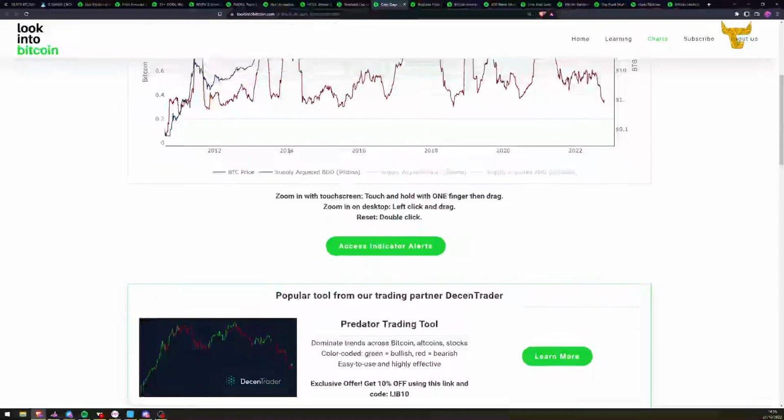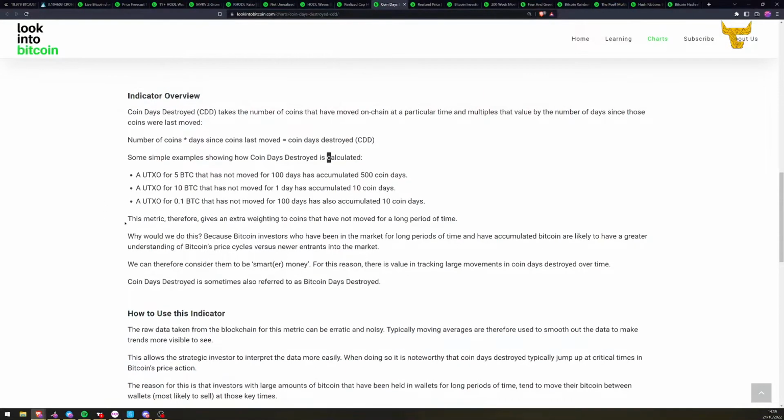And so the idea behind this, well, it's well made here. This metric therefore gave an extra rating to coins that have not moved for a long period of time. Why so? Well, because Bitcoin investors who have been in the market for a long period of time and have accumulated Bitcoin are likely to have a greater understanding of the Bitcoin price cycle versus newer entrants into the market.